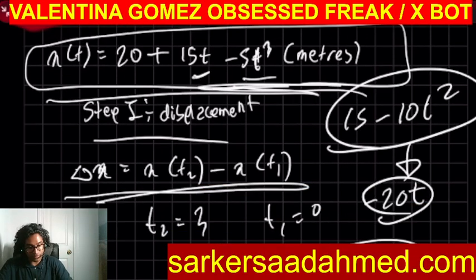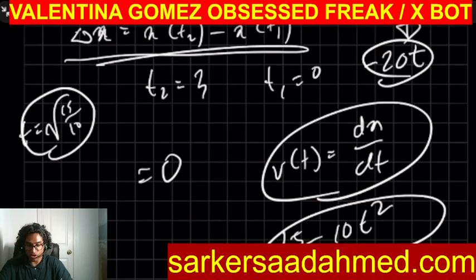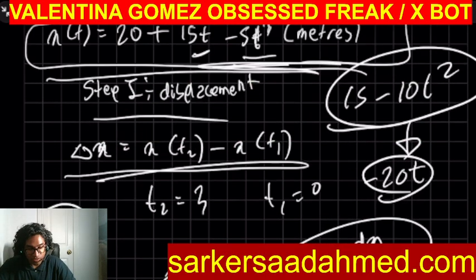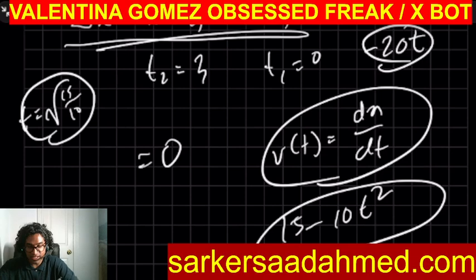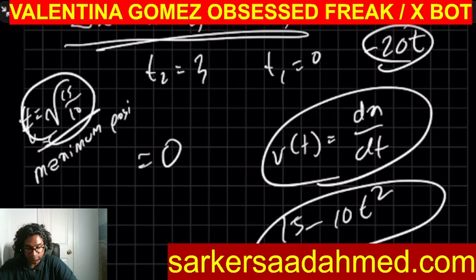So let's say, for example, 15 minus 10t squared, then my t will be root of 15 by 10. This is where I got it. 15 minus 10t squared was the differentiation of position, which is velocity. Now t is root of 15 by 10. This is my time for velocity, and I'm going to place this in my position equation and then find the maximum position.